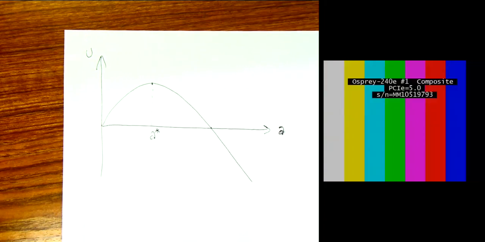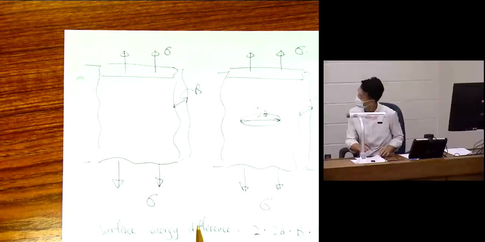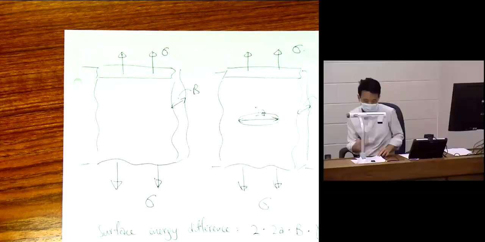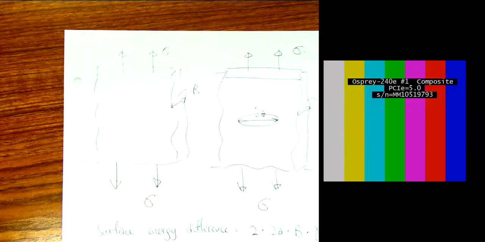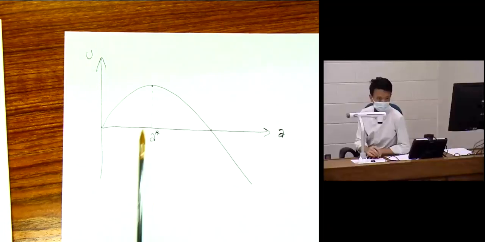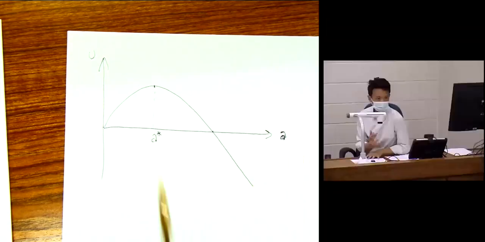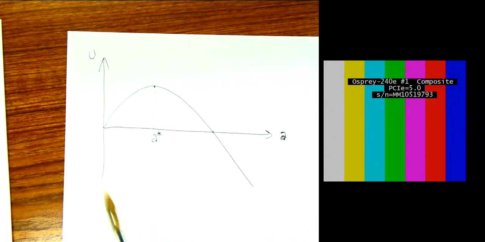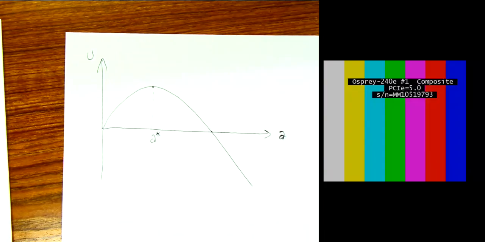Now we are thinking about two copies of the plate, one with a crack, one without a crack. Okay. Now, the potential energy curve tells us something about it, right? Because we know that if a configuration is going to happen, it's going to appear in reality, it must have a lower energy, right?